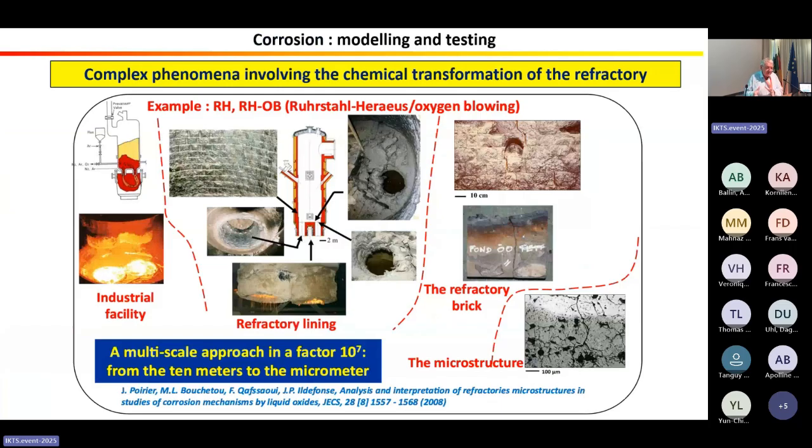And we observe that we have complex phenomena involving the chemical transformation of the refractories. And we need a multi-scale approach, in a factor of 10^7, from 10 meters to micrometers, if you want to be able to make the good choice.